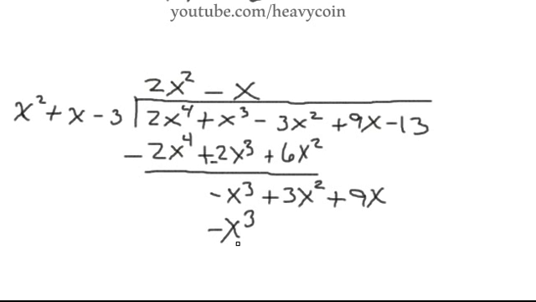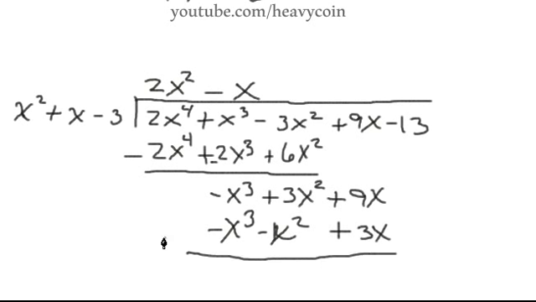X times x squared is negative x cubed. X times x is minus x squared, and then that's going to be a plus 3x.